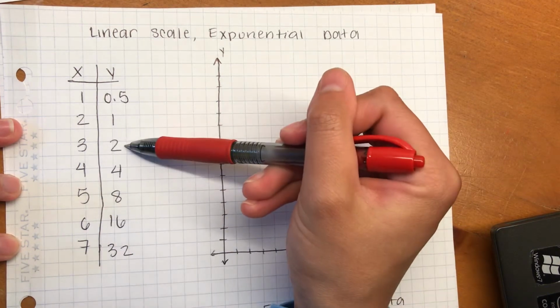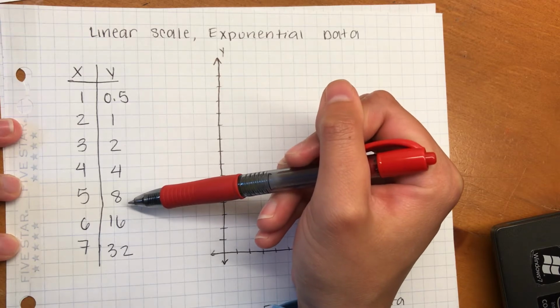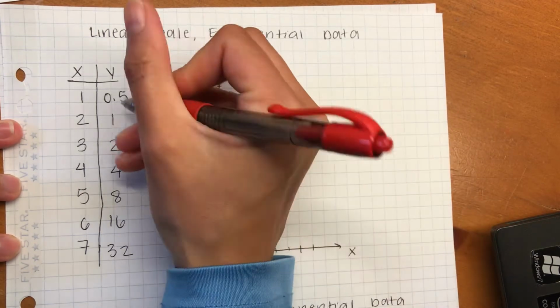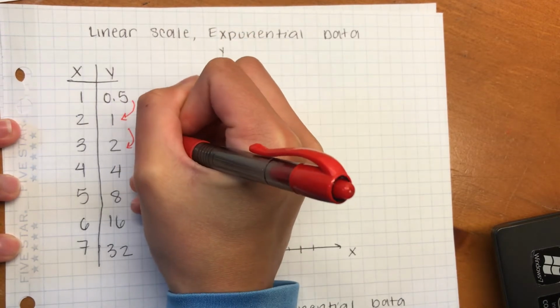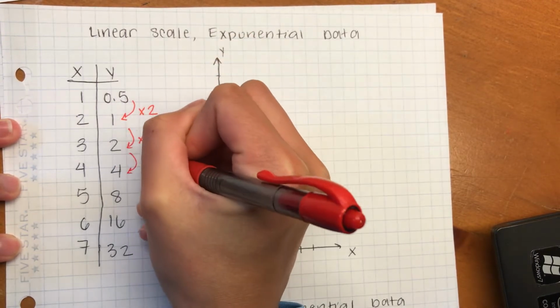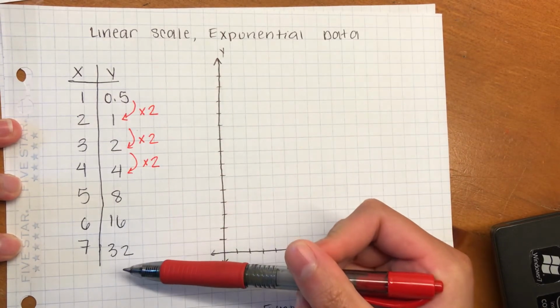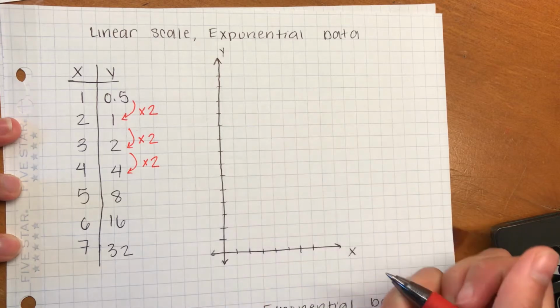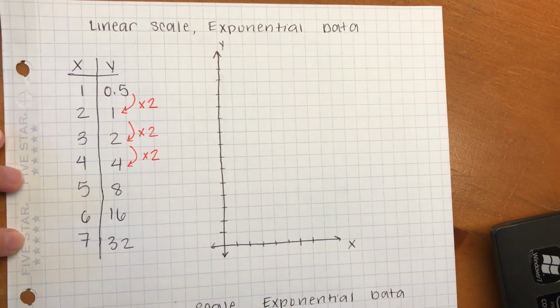This would be plus 1, then plus 2, then plus 4. So that's not the same constant. What's really happening here is we are multiplying by 2 each time. So this set of values is a geometric sequence, which will result in an exponential graph, right?